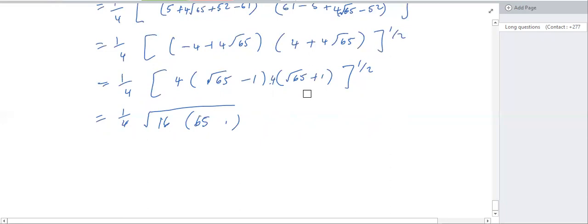Now surely you can see the answer, which is equal to, square root of 16 is 4. So quarter times 4, square root of 64, which is 8 units squared.